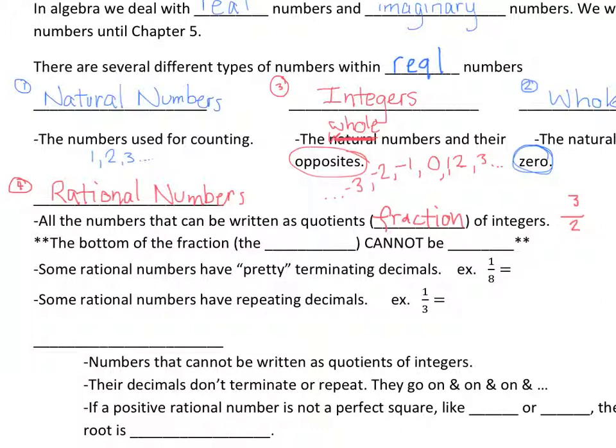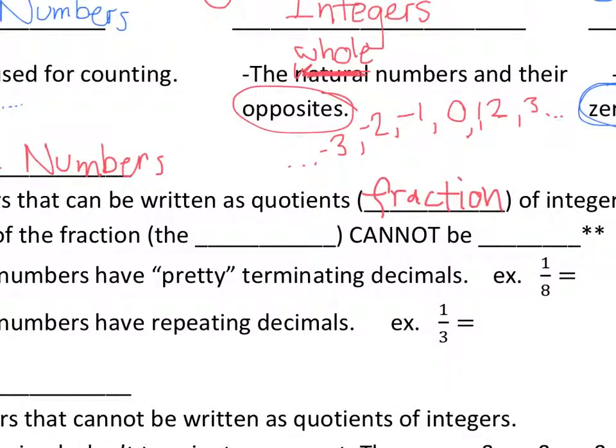Now, something that you need to remember for all of this class and forever beyond that is that the bottom of a fraction, which we call the denominator, cannot be one specific number. What is that number? It's 0.